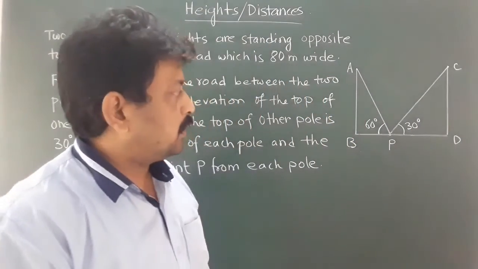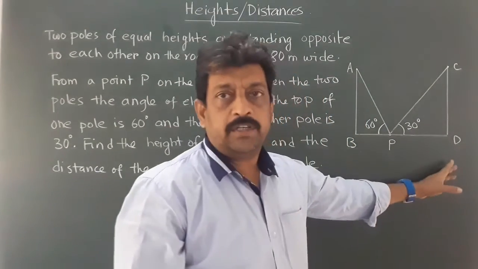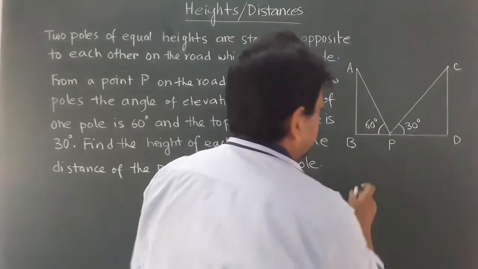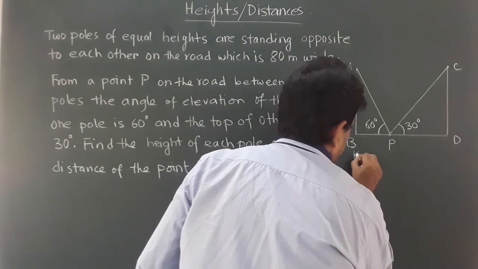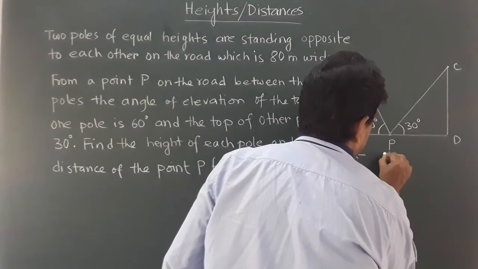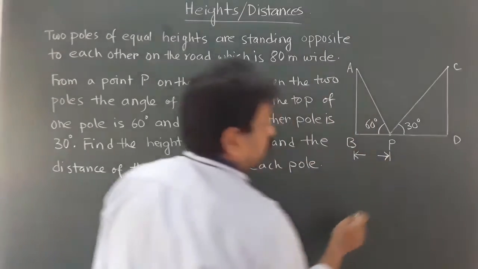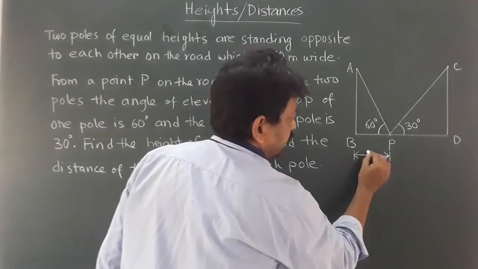Now the width of the road is 80 meter. So let me take this distance, that is the distance of the point P from the first pole, as x.